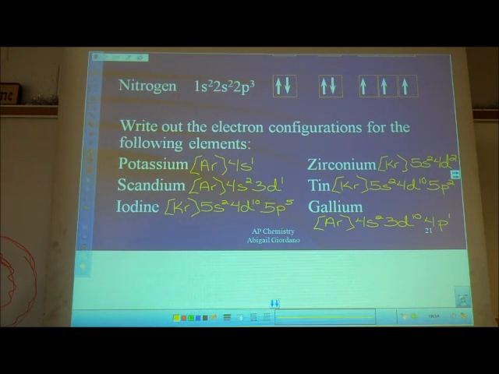If I ever need an electron configuration for one of the low elements, I go look it up. Because they're so unpredictable, it's not worth making you learn it.